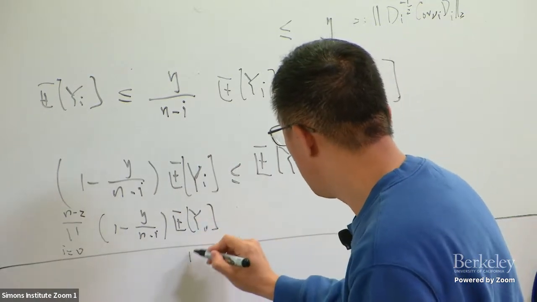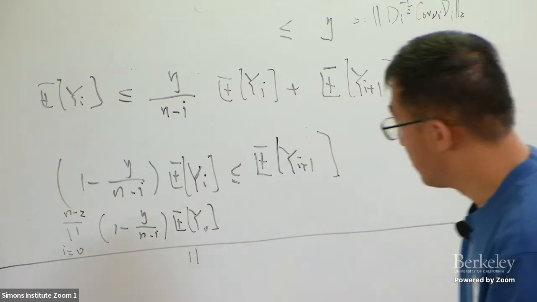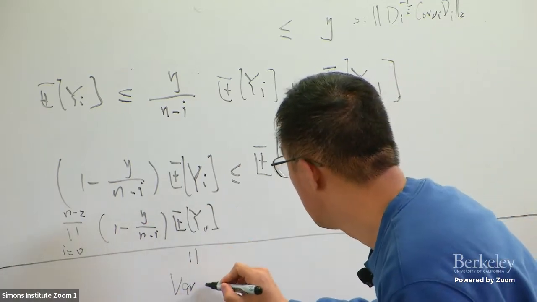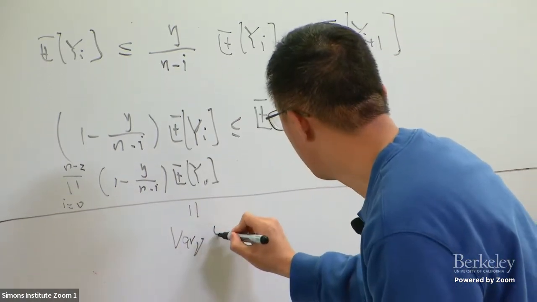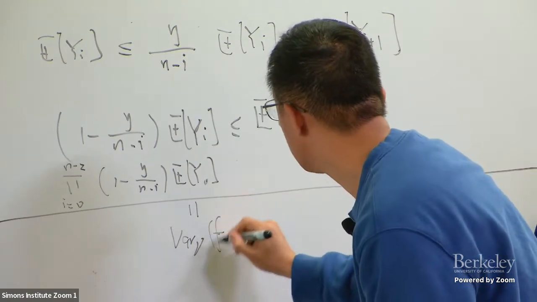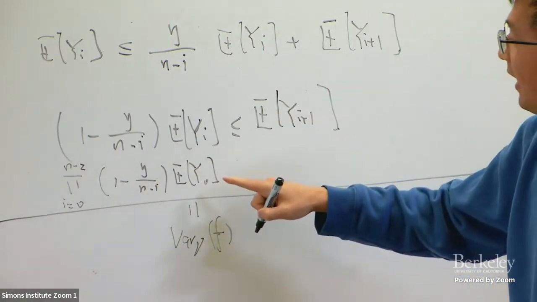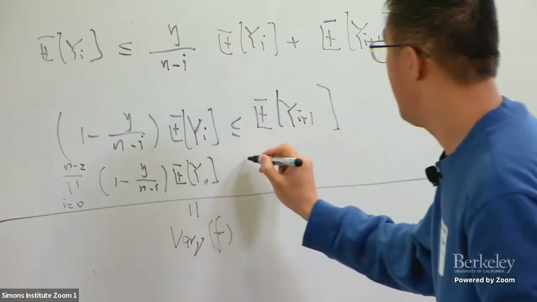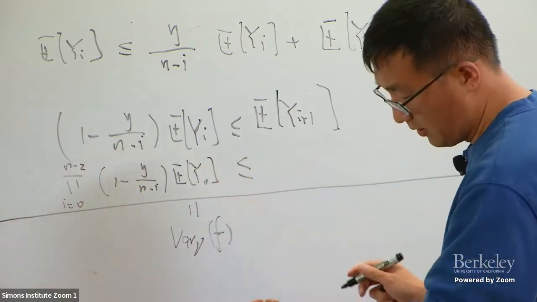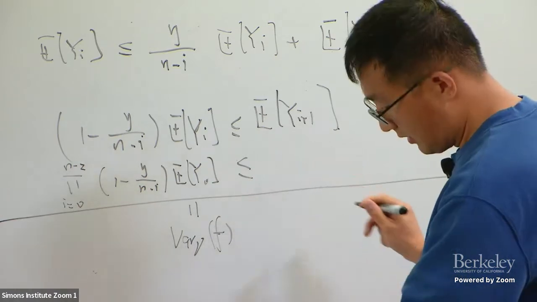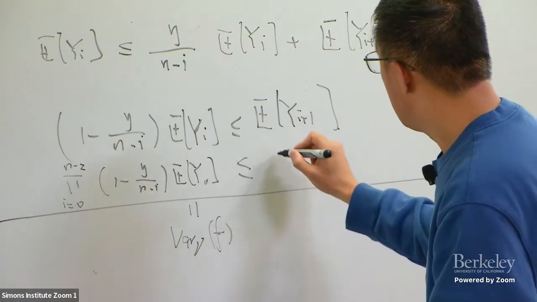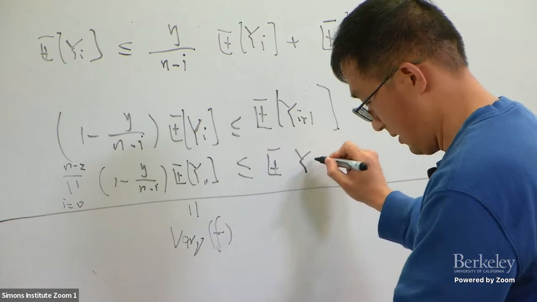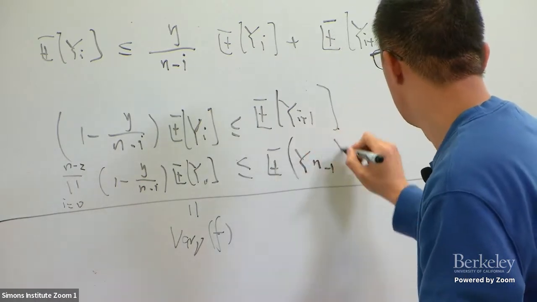So the expectation of y_0 equals the variance of mu of f, right? At time 0, you get the original measure, the variance of mu f, and then you do the telescoping product, you get less than the expectation of y_{n-1}.